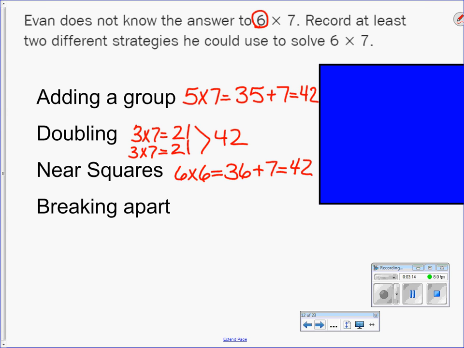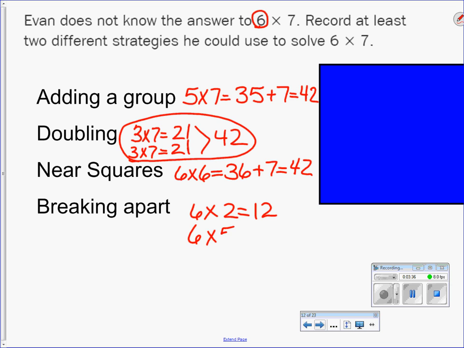And then the break apart. On our break apart, we could break that apart any way we wanted, but we could do 3 times 7 and 3 times 7, or if we want, we could break apart the 7 and do 6 times 2, which equals 12, and 6 times 5. 6 times 5 equals 30, and if we add those together, we get 42.